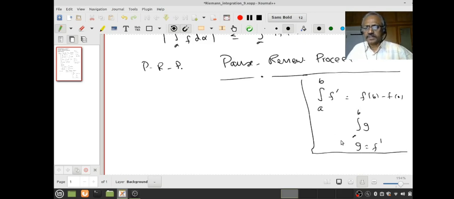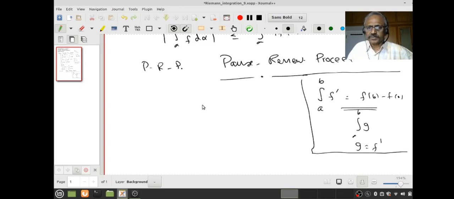This is what the definite integral approach of our calculus is. Now I want to justify this because we have developed integration theory. This is the formula I want to prove. But let's understand properly what things I need. The integral a to b of f dash must make sense. These are all Riemann integrals, that is, alpha of x equal to x, the identity function.